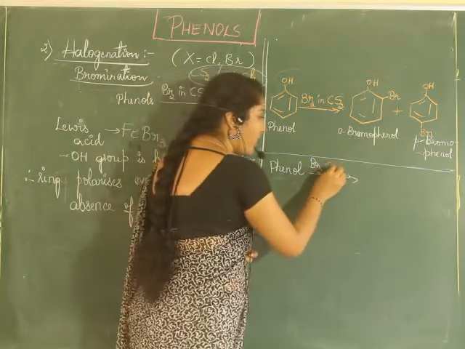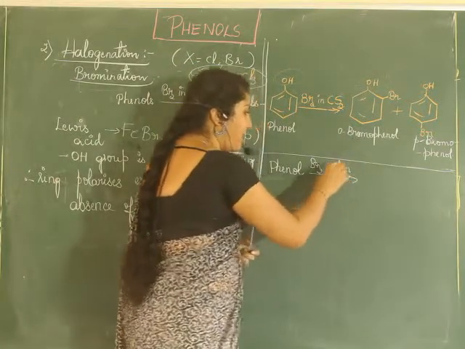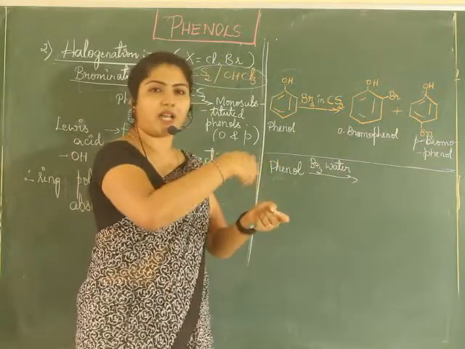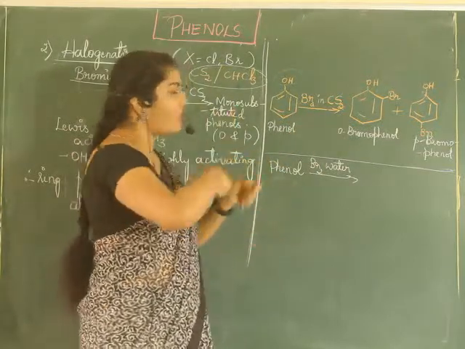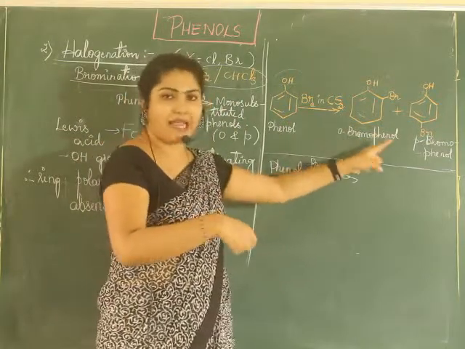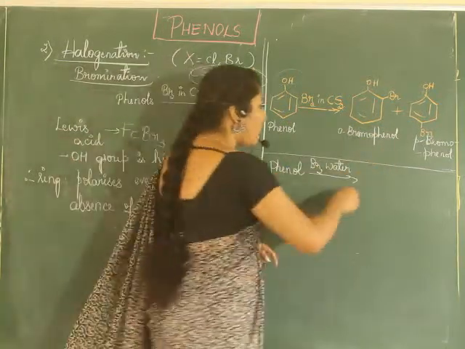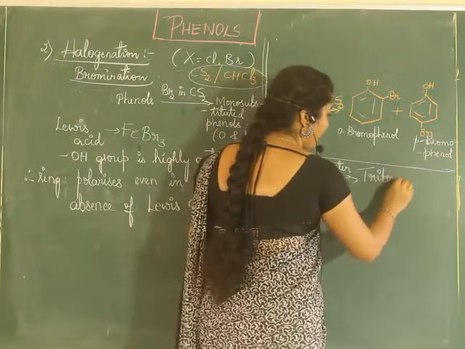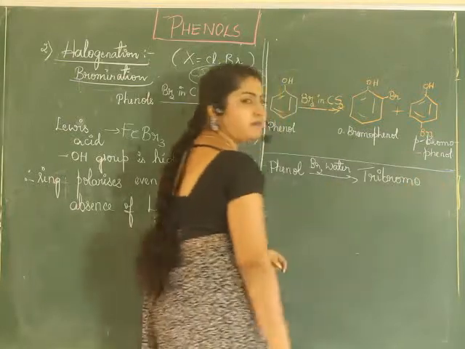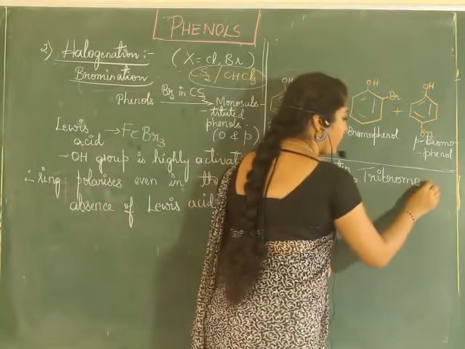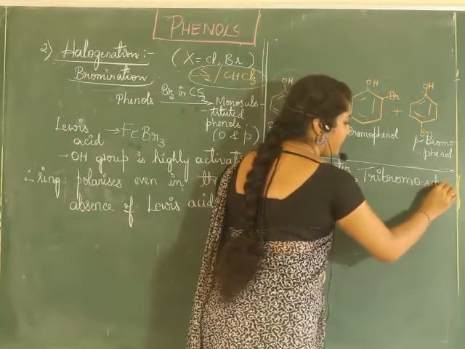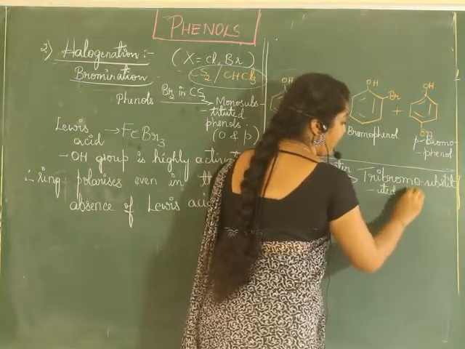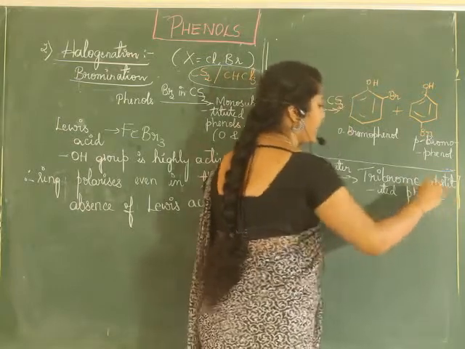Here, if bromine water is taken, that means bromine dissolved in water. If it is chloroform, bromine dissolved in chloroform. Bromine water gives you tribromophenol, that is tribromo substituted phenol, which is a white precipitate.